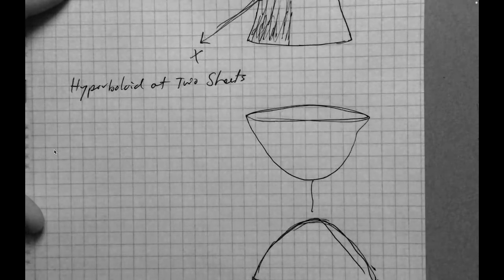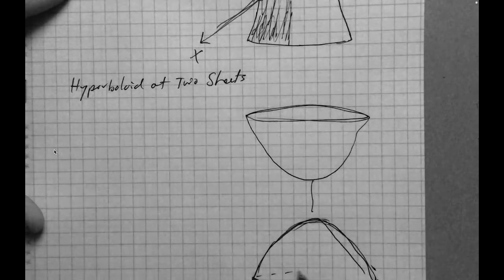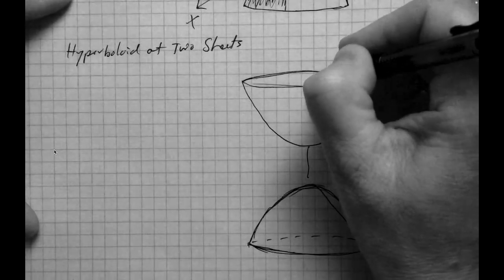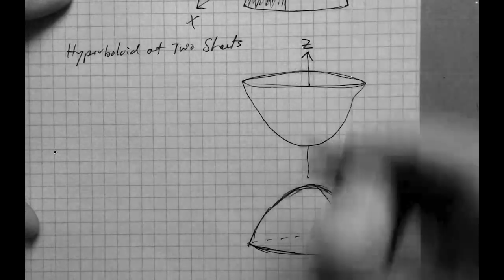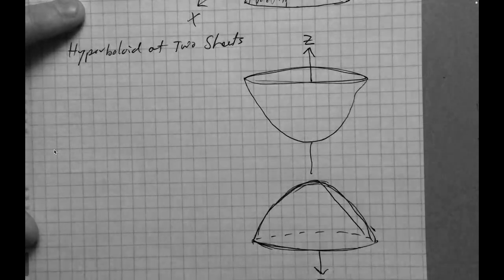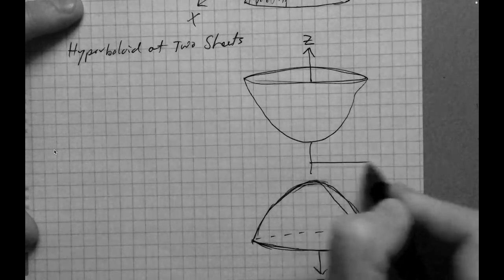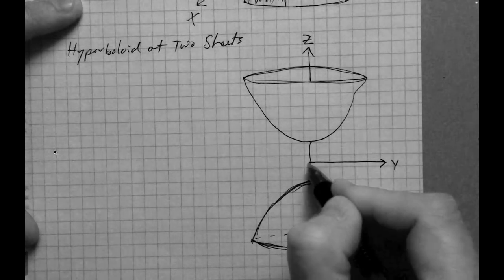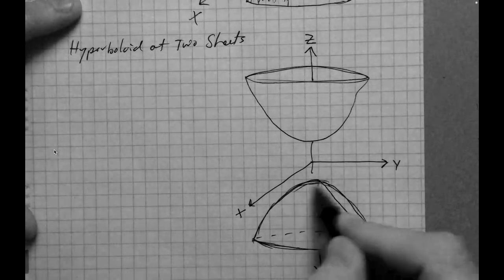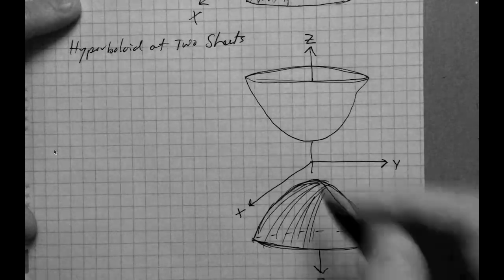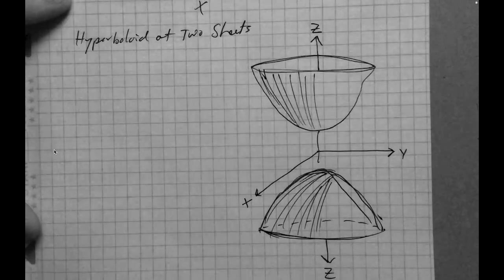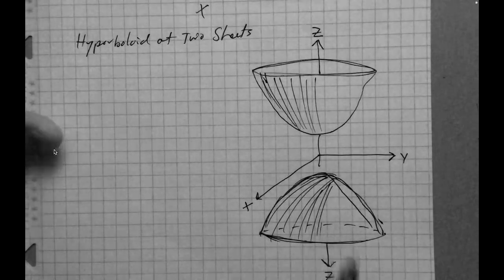It looks a bit like that. And you've got kind of the opening on the back side there. So here's your z-axis, and then your y-axis is just right here, and your x-axis is right there. Again, these are rounded. And so that's the hyperboloid of two sheets.